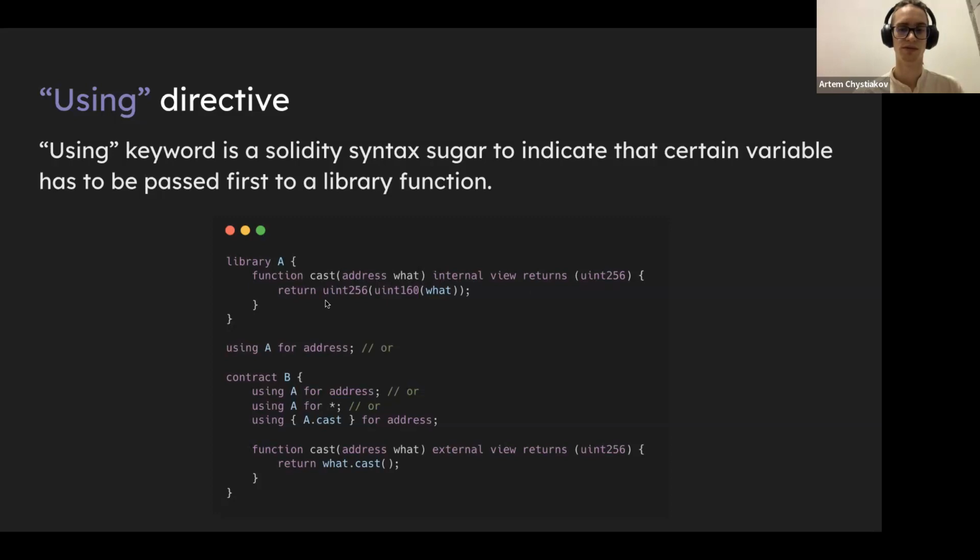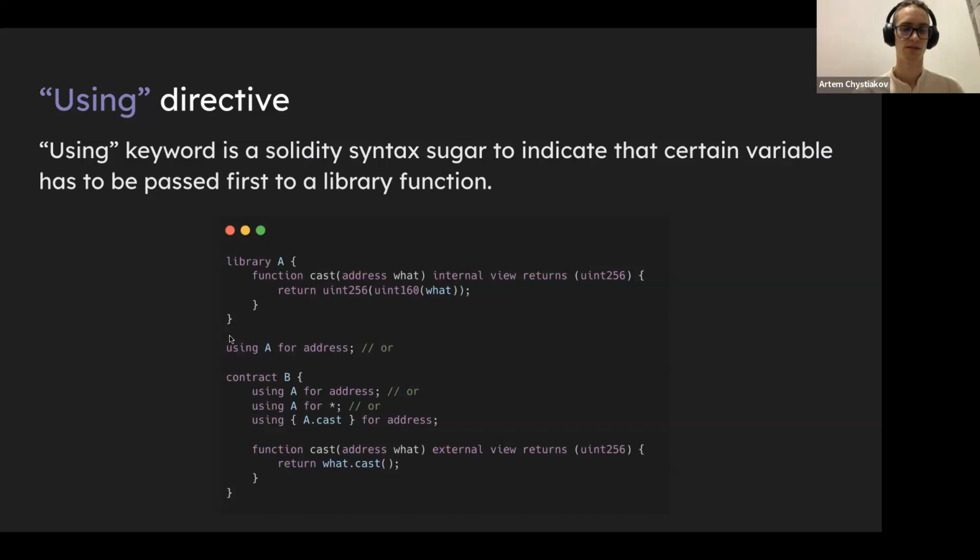So in the function body, I just cast the address to uint256. And this library is internal because there are no external functions and there are no public functions. So basically, an internal library can only have internal and private functions.